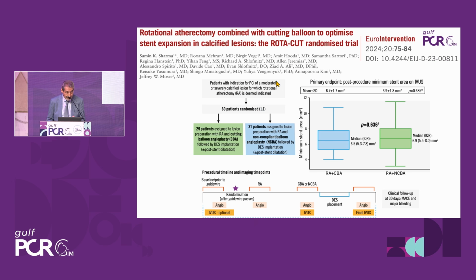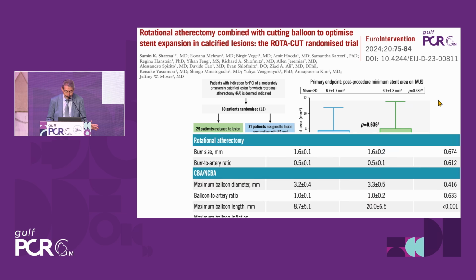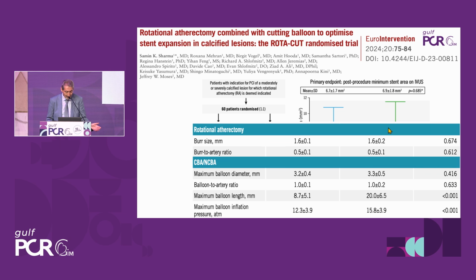There is a very recent trial just presented, the ROTA-CAT, published in EuroIntervention a few months ago, again, small mechanistic, 60 patients from Mount Sinai, and they did cutting balloon or non-compliant balloon after rotational atherectomy, no difference in the area achieved. I mean, you understand why. If you look at the maximal pressure in the group with non-compliant balloon, is 16 atmospheres.